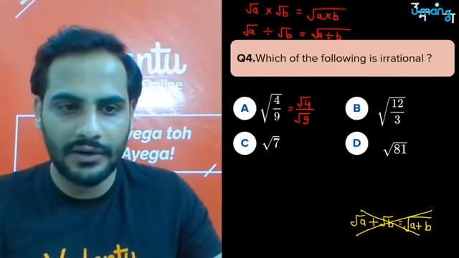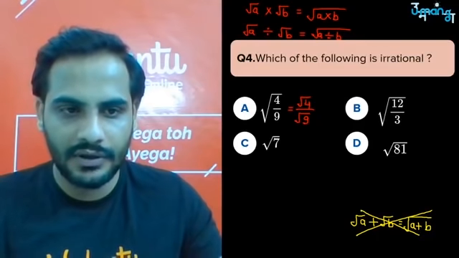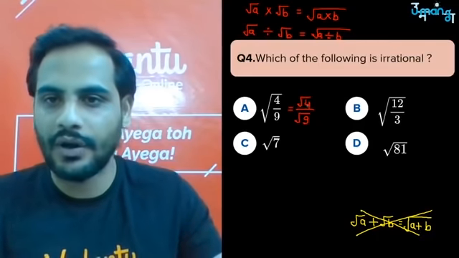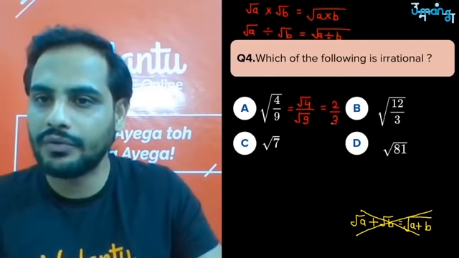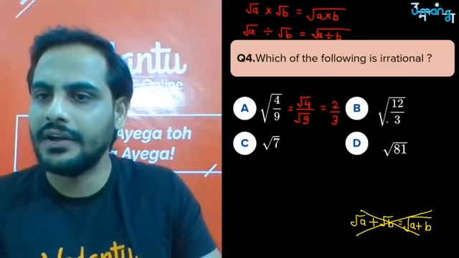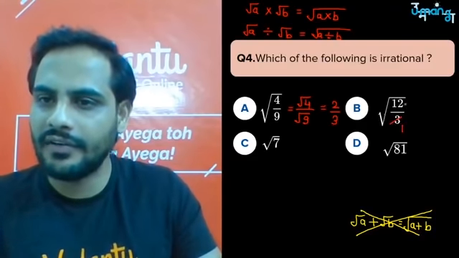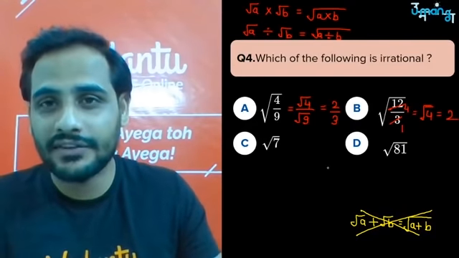So now let's understand this part. Beta, in the first option, you can see now that square root of 4 will be equal to 2 and square root of 9 will be equal to 3. As simple as that. Here square root of 12 by 3. So I can say that it is 3 ones are 3, 3 fours are 12. So you are left with square root of 4 which is equal to 2, which is again rational.